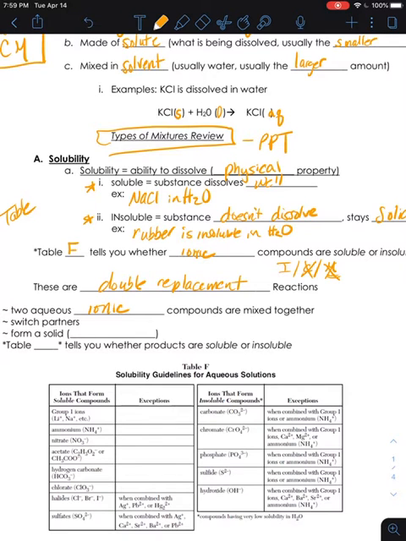Think of when we were in class and we did the switching of the partners, marriage swap. They usually form a solid in some cases, and this is called a precipitate. Nice way of saying solid. And Table F is going to lead you to figure out if it's soluble or insoluble.